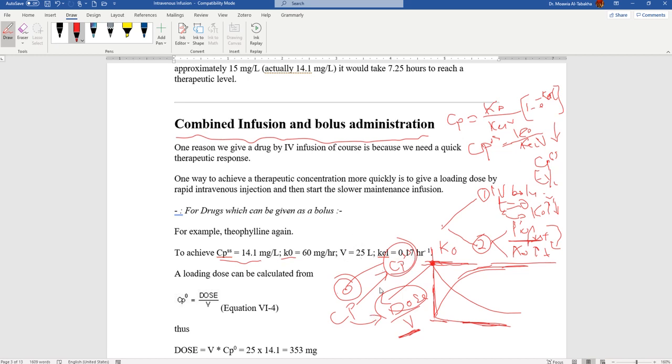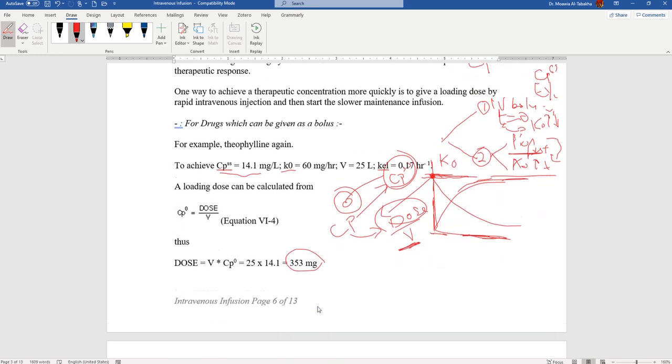We said we will consider CPss to be equal to CP0, and CP0 is equal to dose divided by V. So now I will consider my CP0 to be 14.1 and my volume of distribution is 25 liters. If I multiply 25 liters by 14.1, I will get the required dose. So this is the dose that I will give.